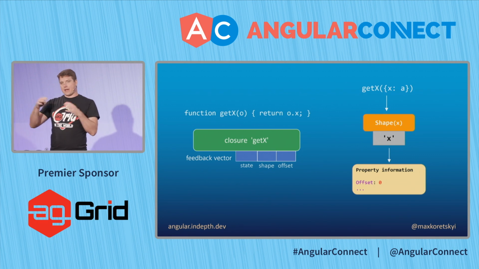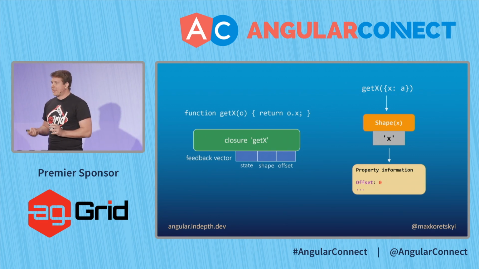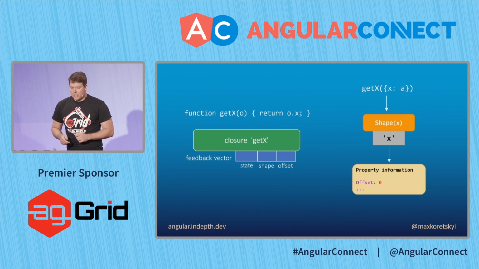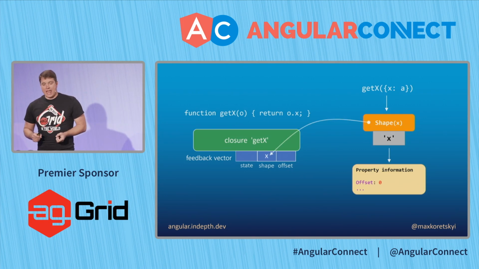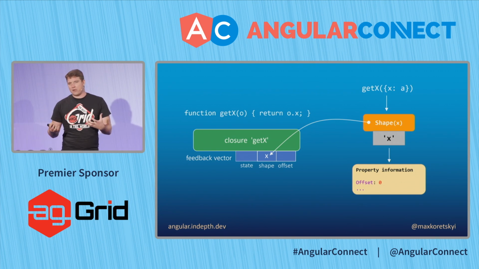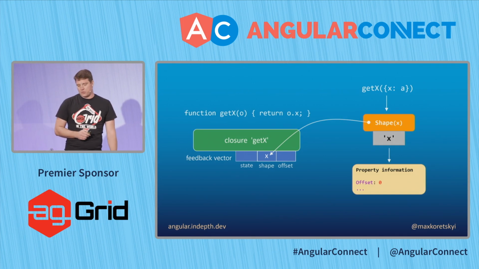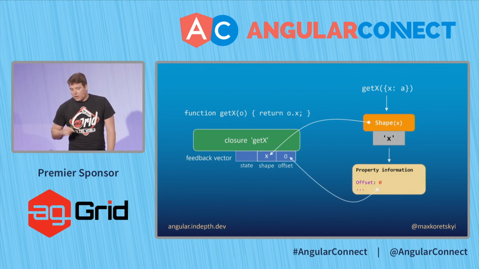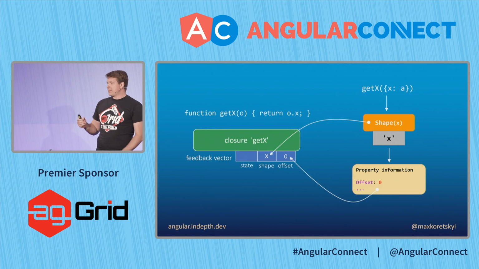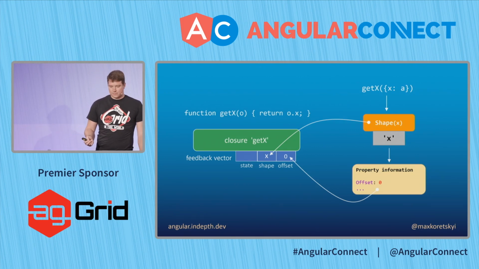Once it has gone over that process, it knows the information that it can now cache. The first thing it can cache is the shape. So it stores the shape that corresponds to that object, basically the description of that object. It can also store the offset. This is the information that indicates where exactly in memory you can find that property.